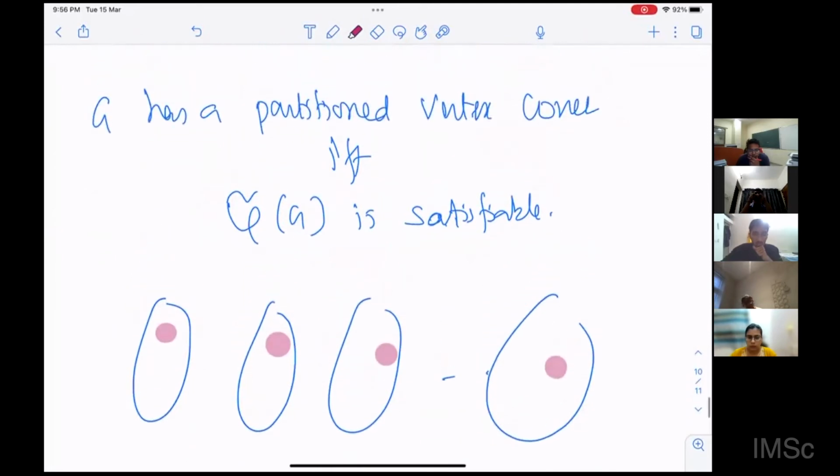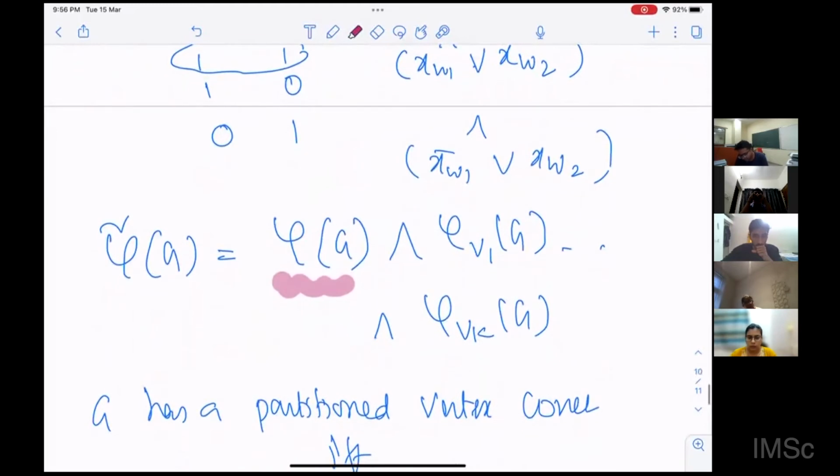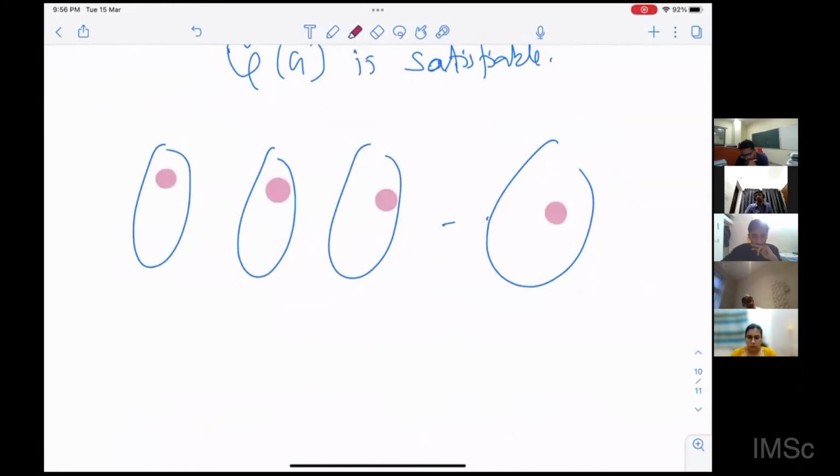Okay, and what does the partition tell us? Look at any pair of clauses. If it does not involve this one, then in each of them there is one literal with a bar that is set to 1. So that's perfectly valid. So don't we have to add another formula representing that from each partition we have to take at least one? Maybe we'll get there, but all I'm saying is the forward direction is fine.